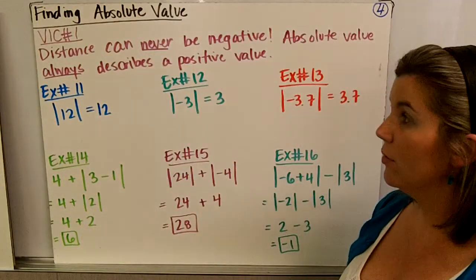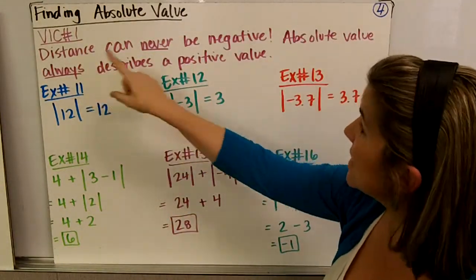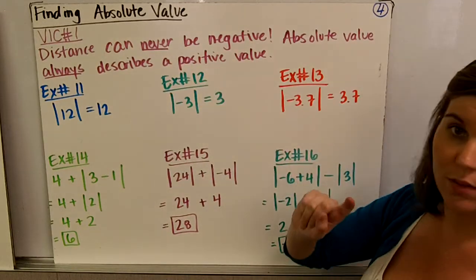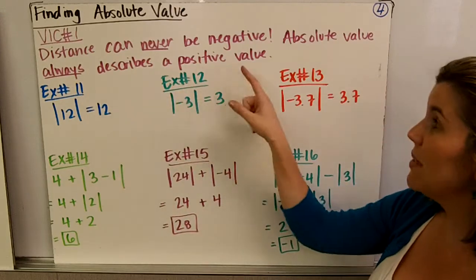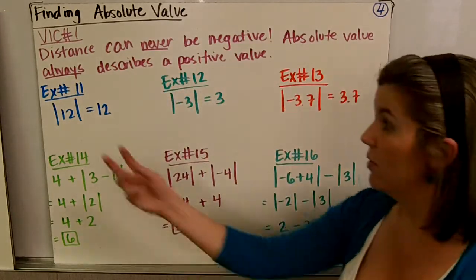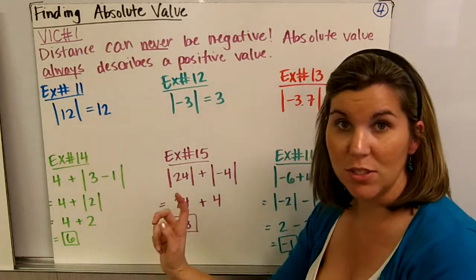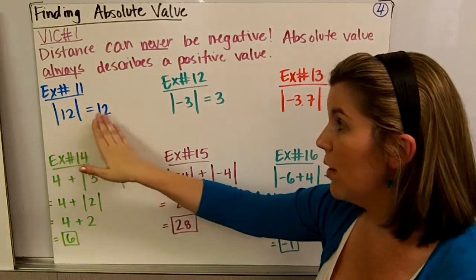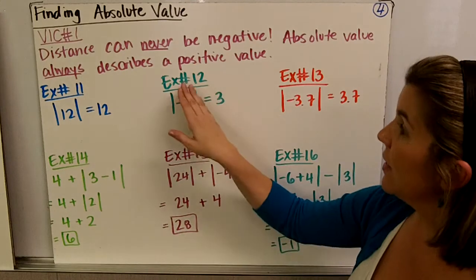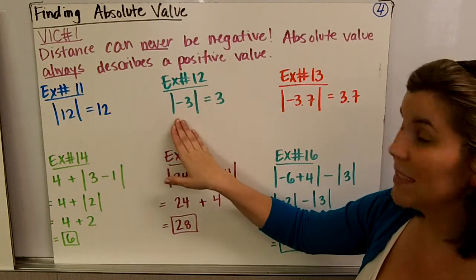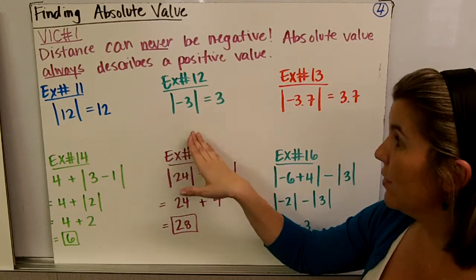Finding absolute value. Example number 11, the distance can never be negative. Never. Absolute value always describes a positive value. So, these two bars denote absolute value. The absolute value of 12 is 12. 12 is 12 places from 0 on the number line. Example number 12, absolute value of negative 3.